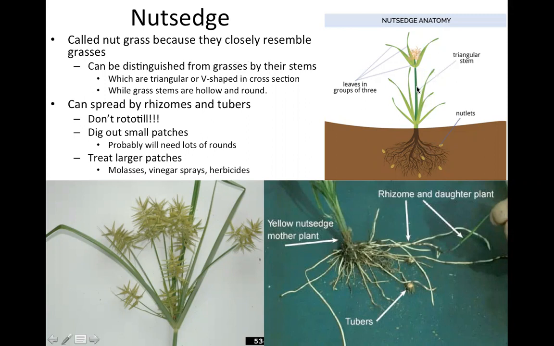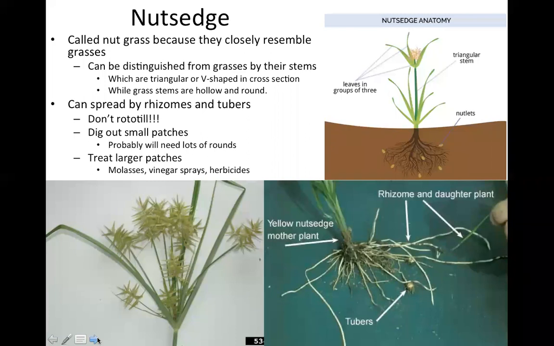It has a triangle stem, which is one of the telltale signs. It's a little hard to identify from most grasses, but sometimes you can smother them, and sheet mulch will work. But I'm going to show you a video real quick of one way to get rid of it if you have a really bad problem with nutsedge.